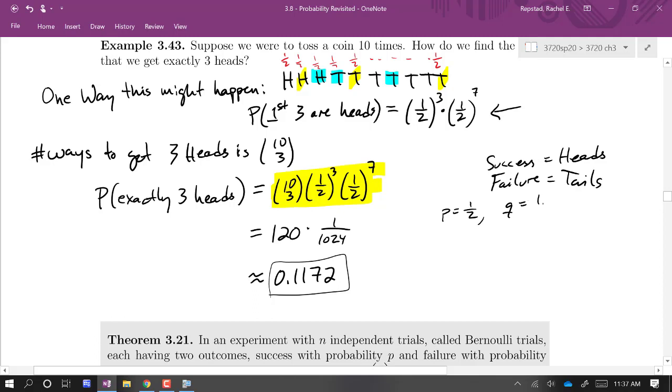This is equal to 1/2 also. They're not always going to be equal; it just happens here because we're tossing coins. And we were tossing a coin 10 times, so that means N is equal to 10. It is always the case that P and Q have to add up to 1.